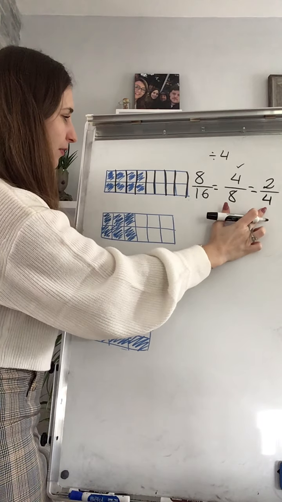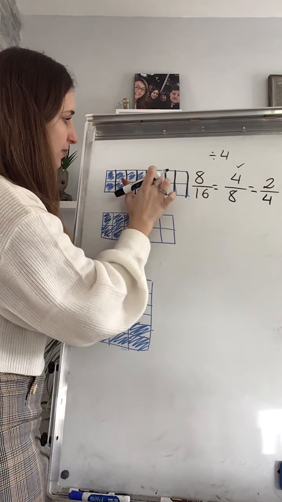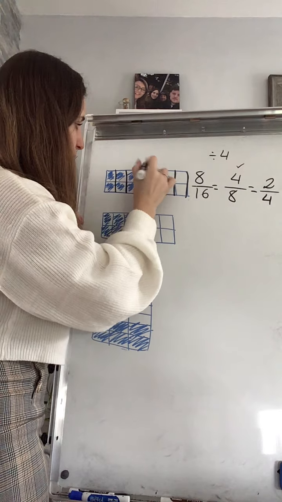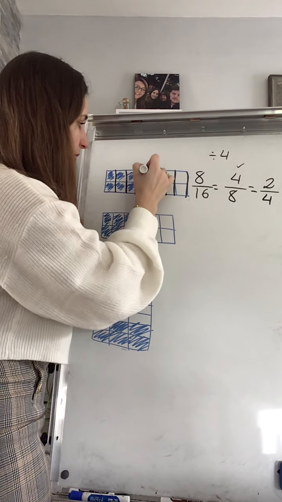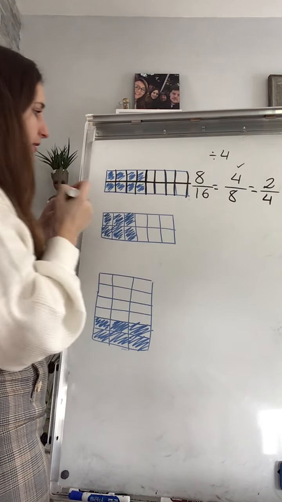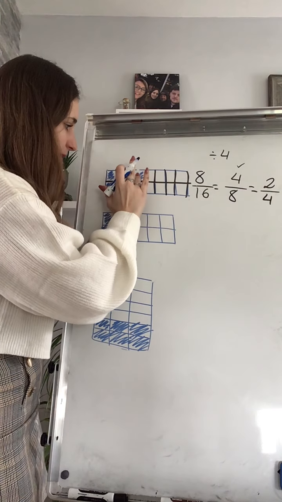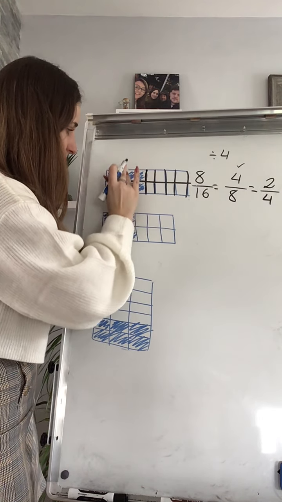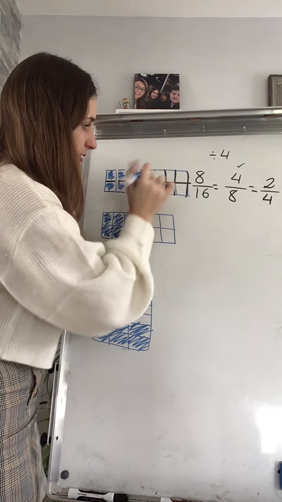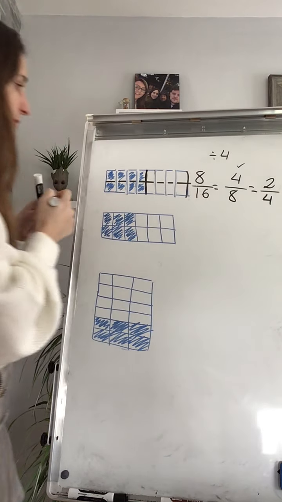So I will need to have 4 equal parts, which means I have 1, 2, 3, 4, 5, 6, 7, and 8, that will need to be split into 1, 2, 3, and 4. And like this. So then this time I will have them, can you see? Let me do these lines again, the previous lines, so you can see how I've split it this time and how it's going to be equal.